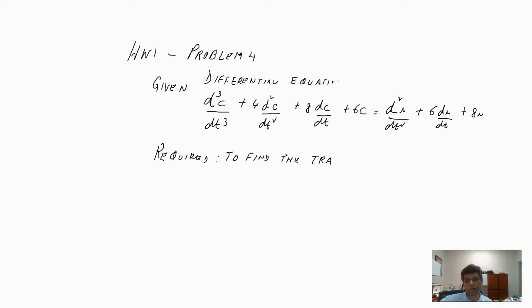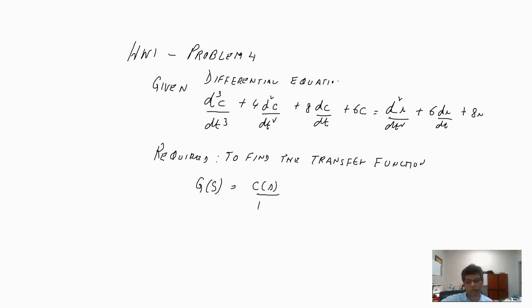As you recall, we have looked at it before too, the transfer function is output over input. We are putting it in this format, C(s) over R(s).